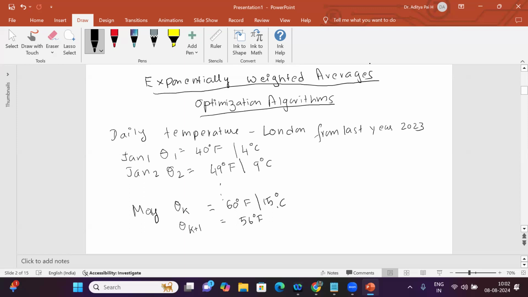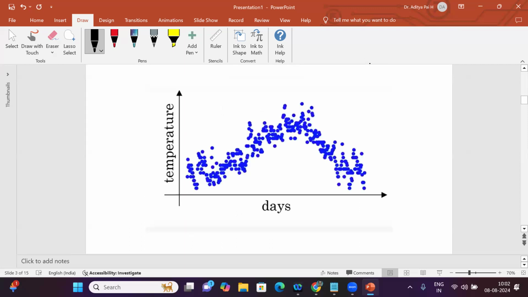Now these different temperatures are being plotted onto the graph, where this is the starting point, Jan 1 temperature. The x-axis is nothing but days.